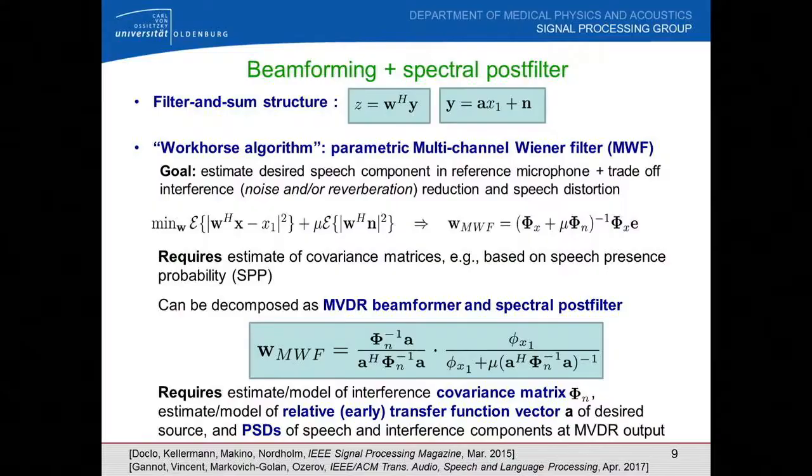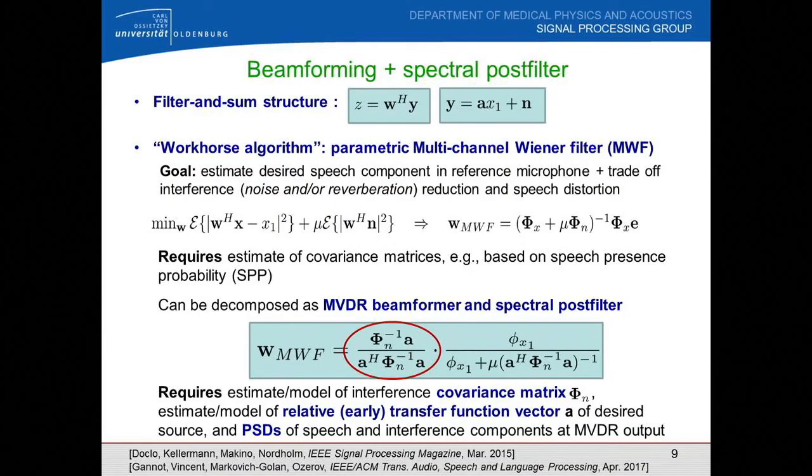The solution of this minimization problem can be written in terms of these correlation matrices Phi_x and Phi_n, which denote the speech and the noise correlation matrix, and they could, in principle, be estimated based on speech presence probability. However, for quite some decades, it's also been known that this multi-channel Wiener filter can be decomposed into just an MVDR beamformer, doing the spatial filtering, and then a spectral post-filter.